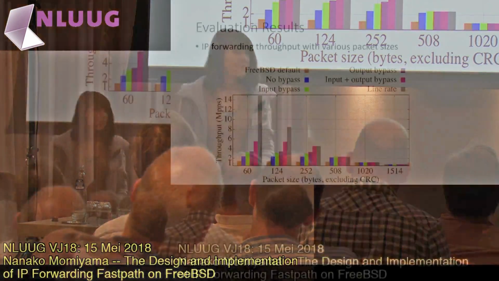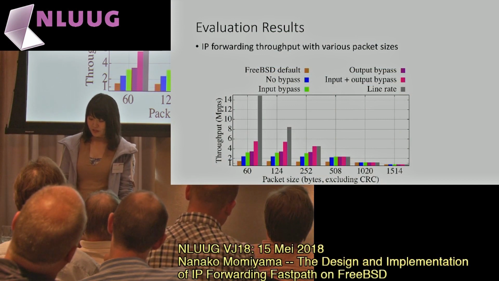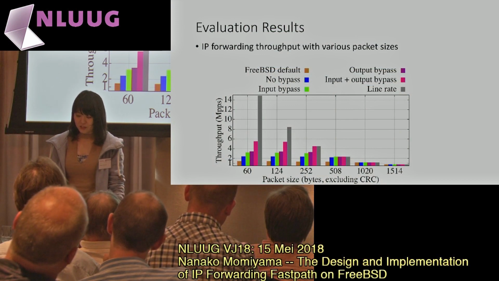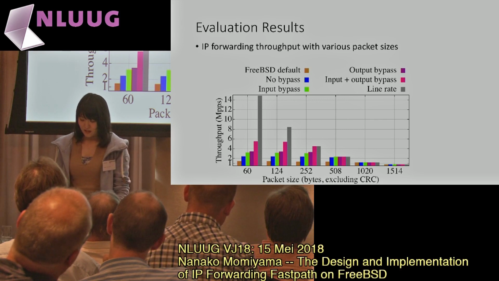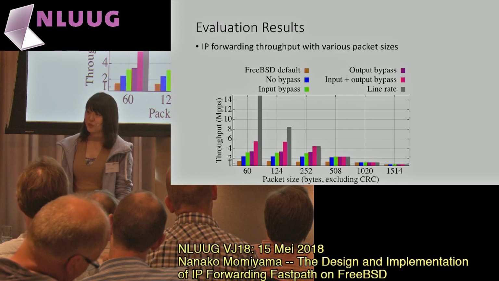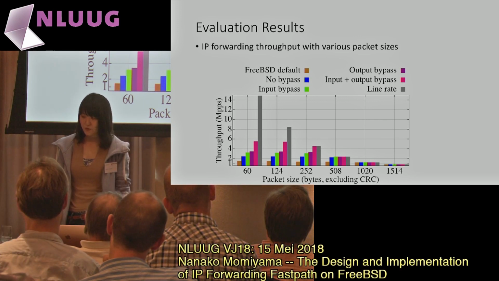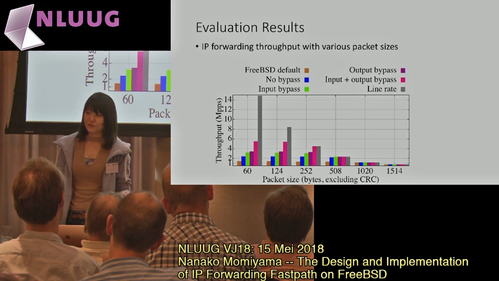The non-bypass blue one shows the performance without bypass components. Our input bypass version only implements our quick protocol filtering function for input. And output bypass has only the output bypass feature.